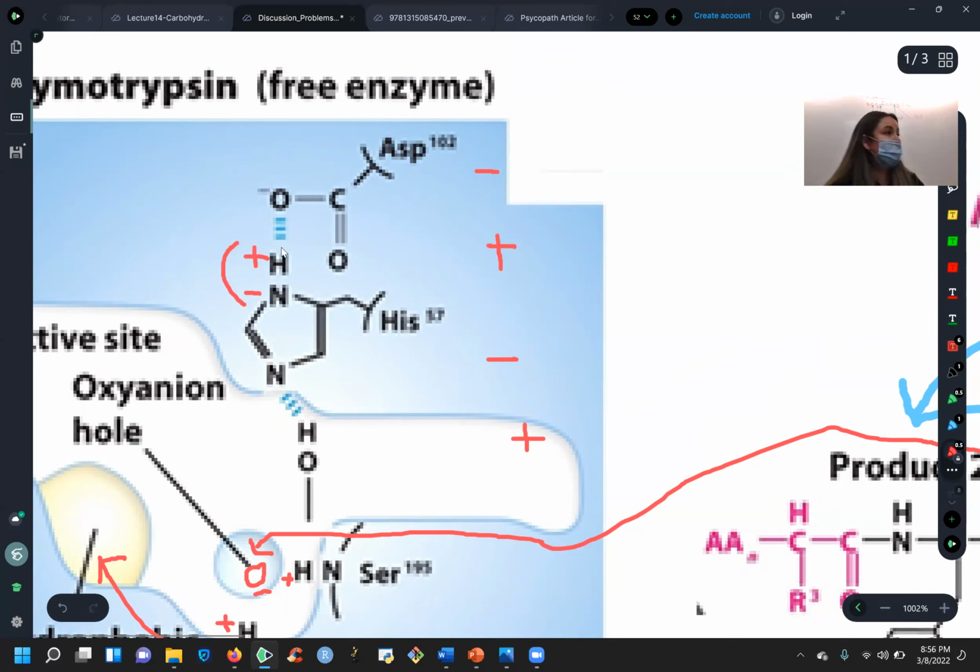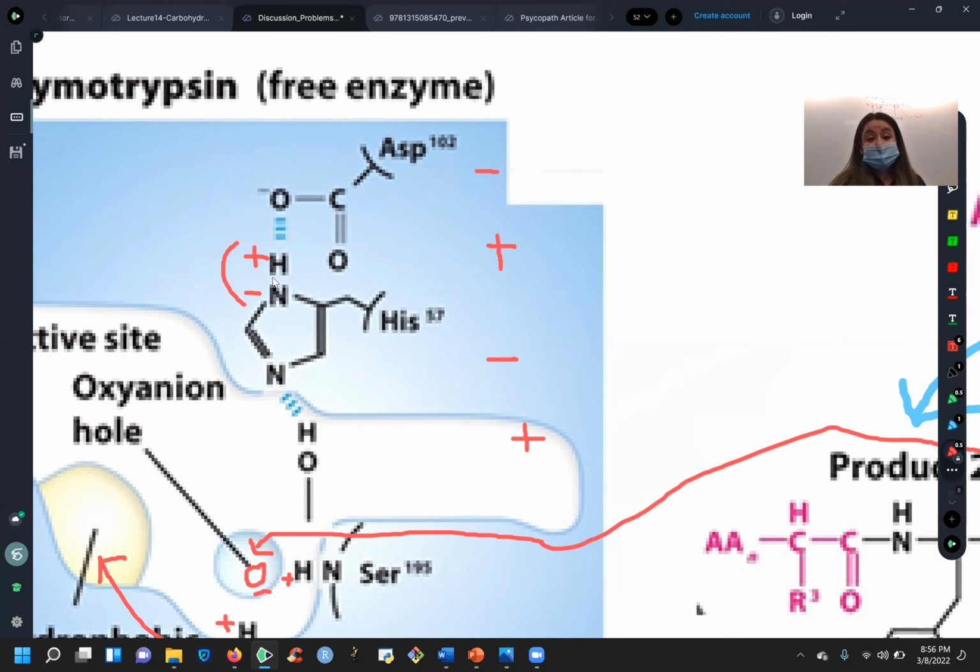So this hydrogen will have a partial positive. Well, histidine is right next to it. It's really close. And this nitrogen on histidine also has a slight negative. So the positive and the negative want to hang out. They get together. When they get together, things change.